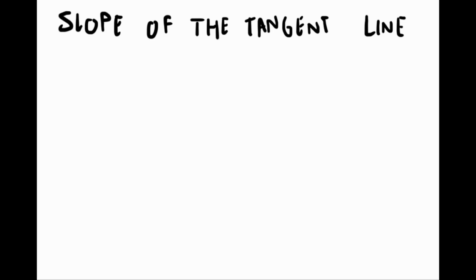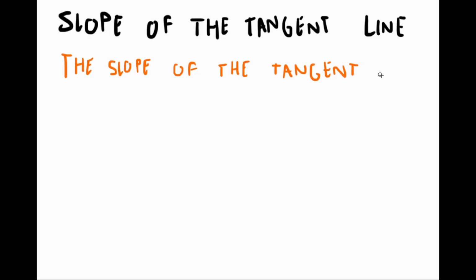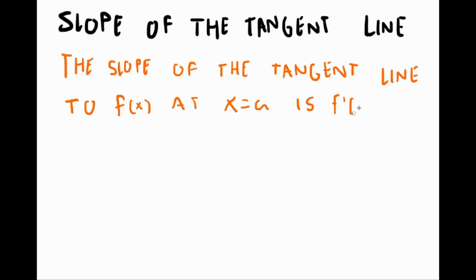We'll say the slope of the tangent line to f of x at x equals a, which is another given point that we will be given by the problem, is f prime of a.